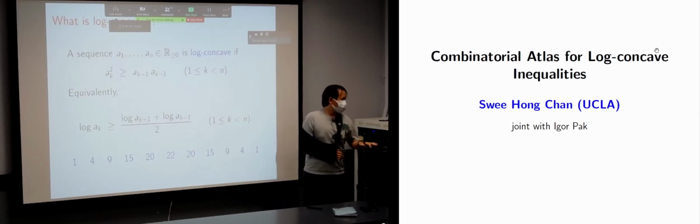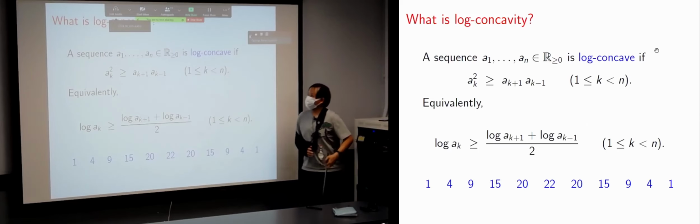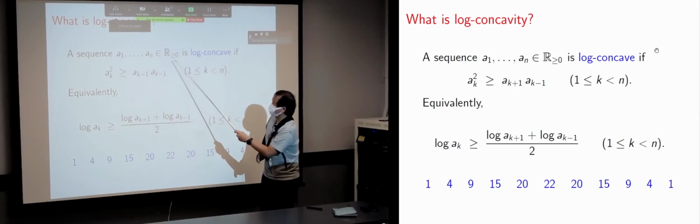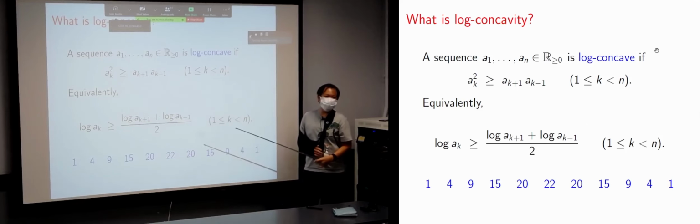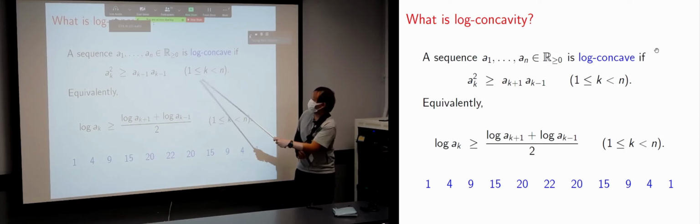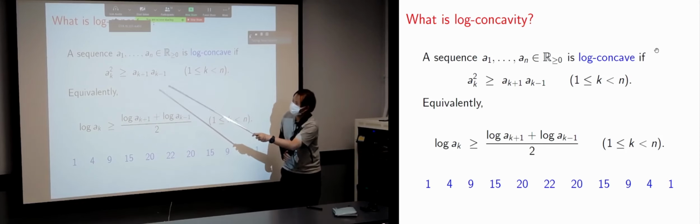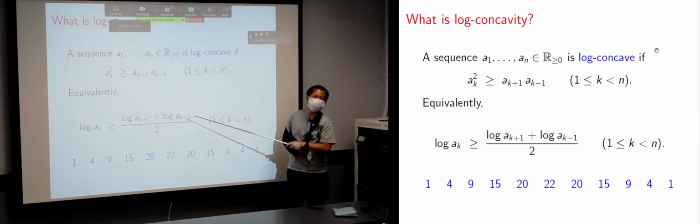Here is one quick definition of a log-concave sequence. We say that a sequence of non-negative real numbers A1, A2, up to AN is log-concave if for every k from 1 to n minus 1, the kth number squared is greater than or equal to the product of the (k plus 1)th number and the (k minus 1)th number.